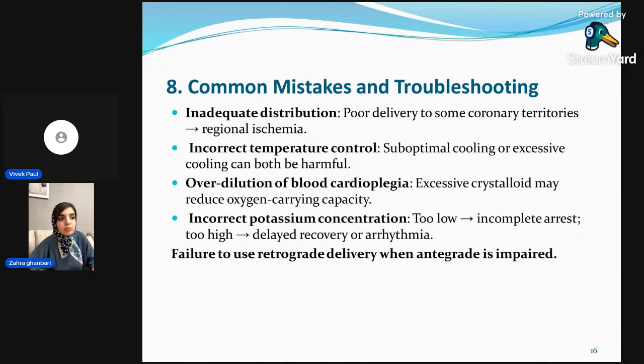And for a child, hematocrit is good at around 28 to 32%, because of lower oxygen carrying capacity and brain sensitivity.